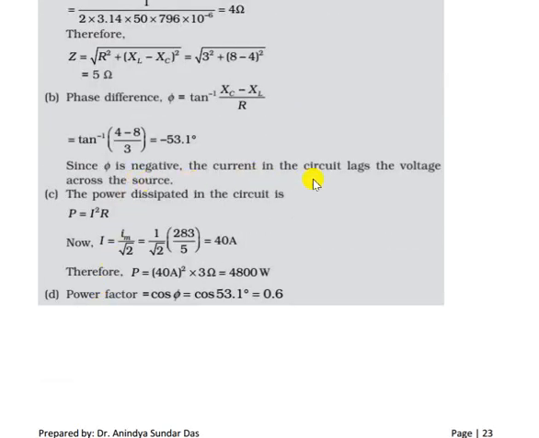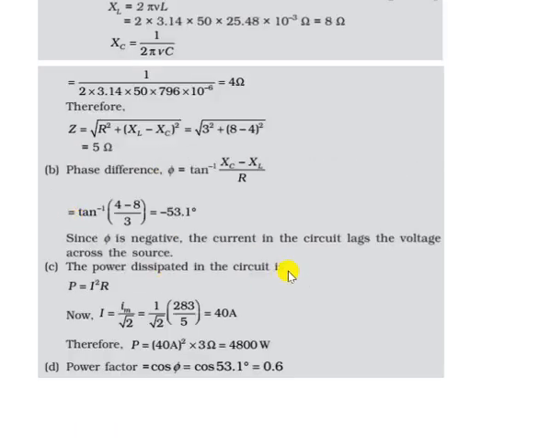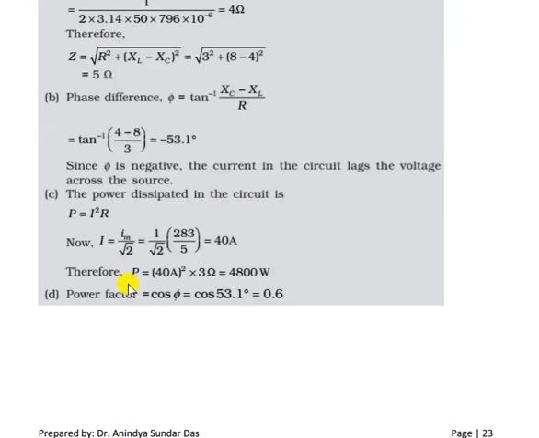The current in the circuit lags the voltage across the source. The power dissipated in the circuit is P equal to I square R, or we can write P equal to VI cos phi.